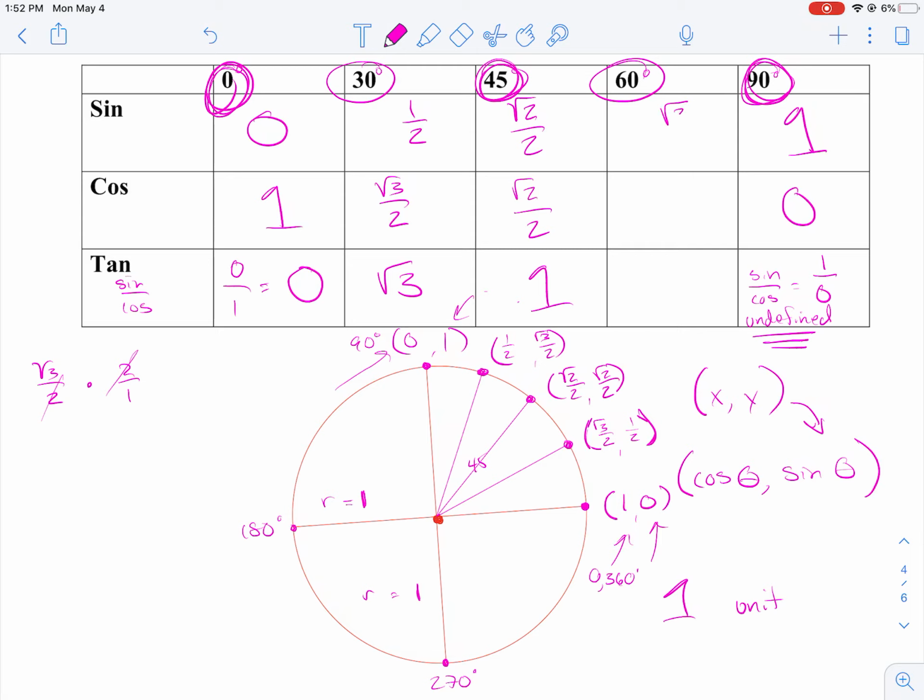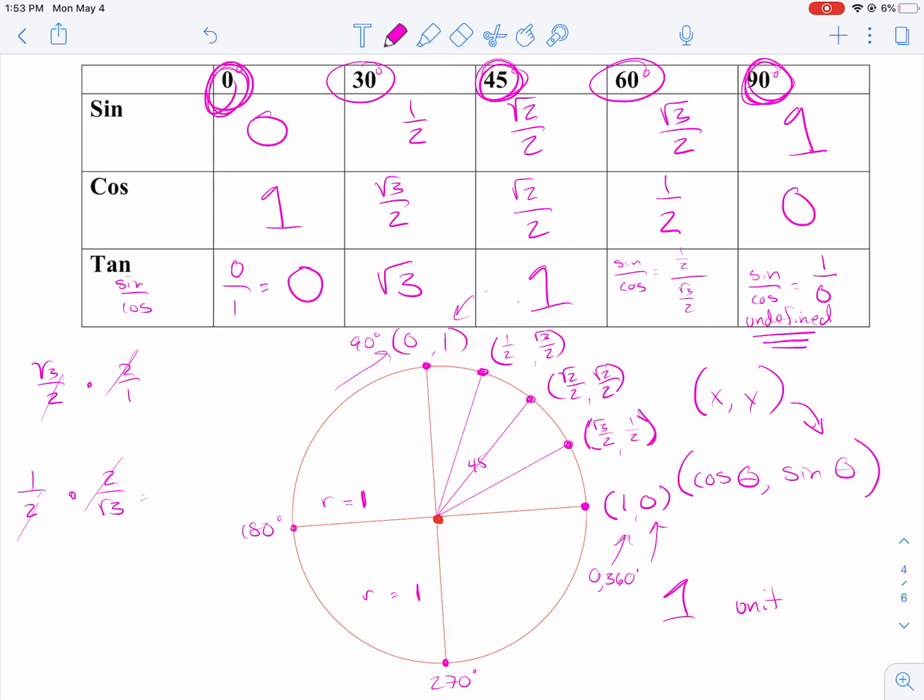So the sine of 60 degrees is square root 3 over 2. The cosine of 60 degrees is 1/2. And then again, we got sine over cosine, so I'm going to bring that over. So it's going to be 1/2 divided by square root 3 over 2. So what's going to happen is you're going to have 1/2 keep, flip, change.